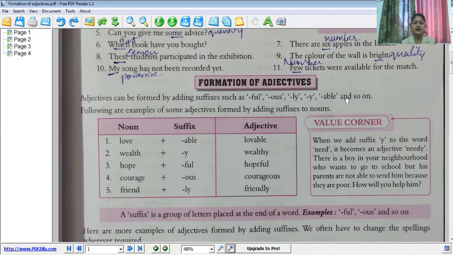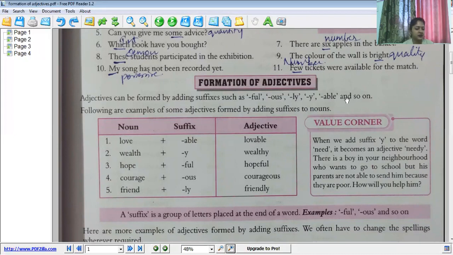Now let's see. There are some examples that they have shown. When you add these suffixes to the noun, they become adjectives. Let's see the first one. Love becomes lovable. Wealth becomes wealthy. Hope, hopeful. Courage, courageous. Friend, friendly. Okay, children?